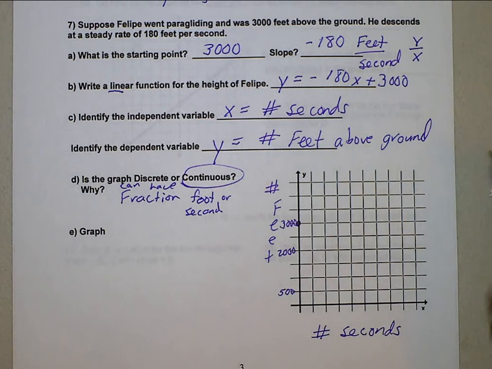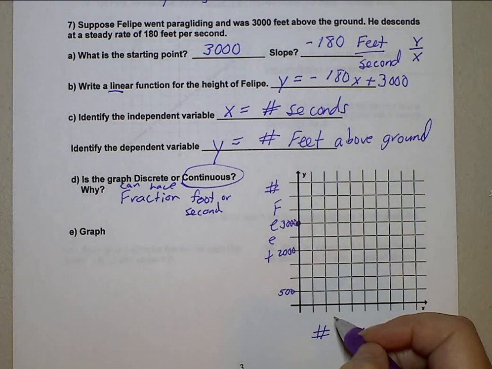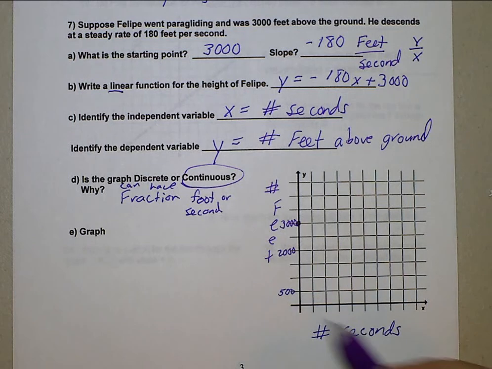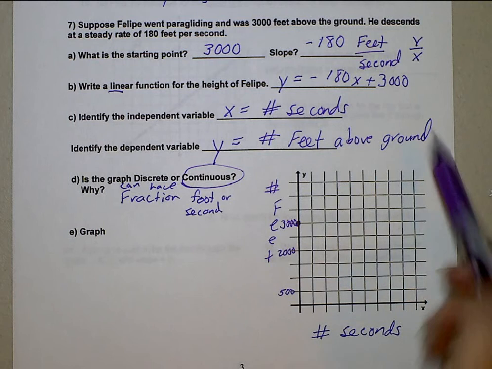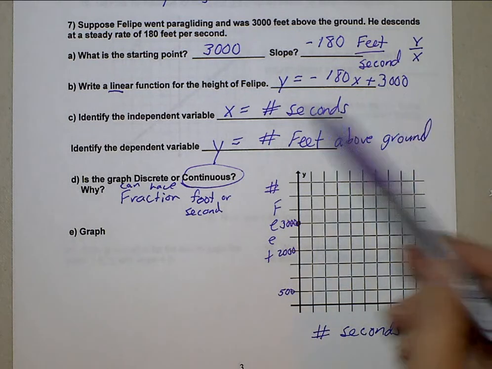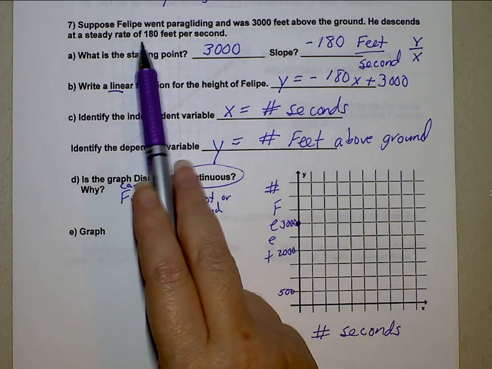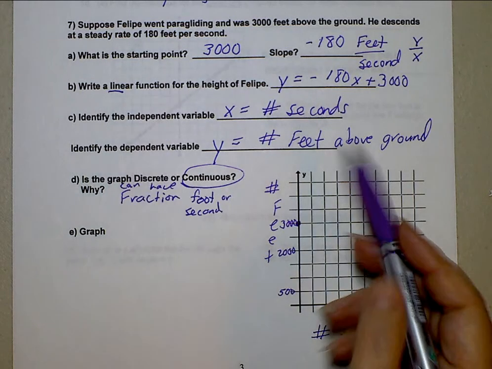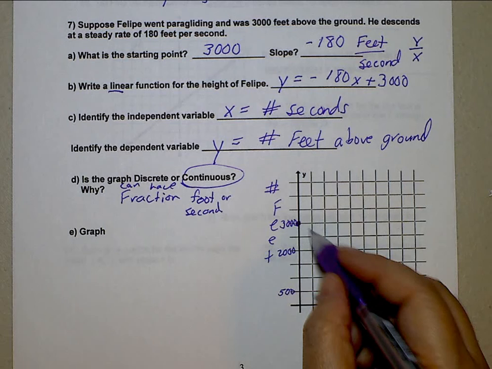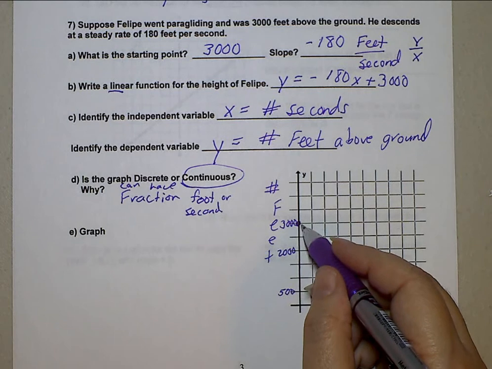Well, I'm going to put in a 2 because I know it's going to take almost 16 seconds to hit the ground. And you can find that by taking the number you started with, and you're going to descend 180, so you can divide it out. That's 16. So it's 16 point something. So we can take a 2 and plug it in.